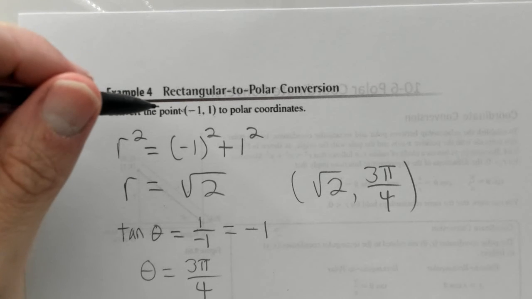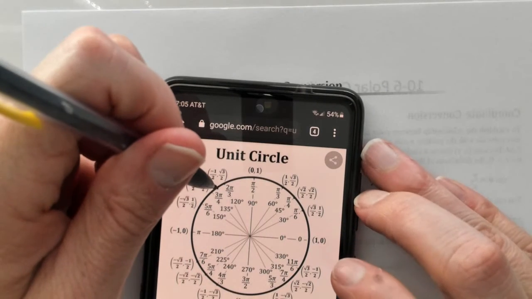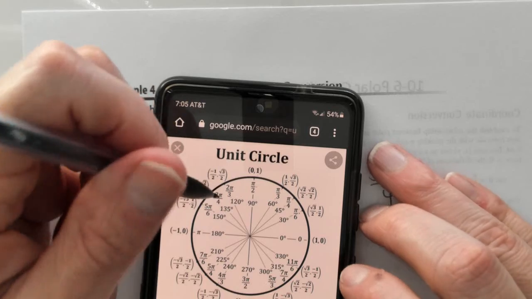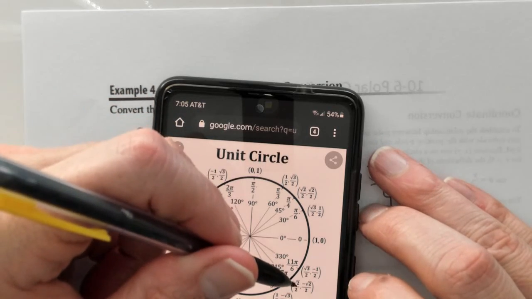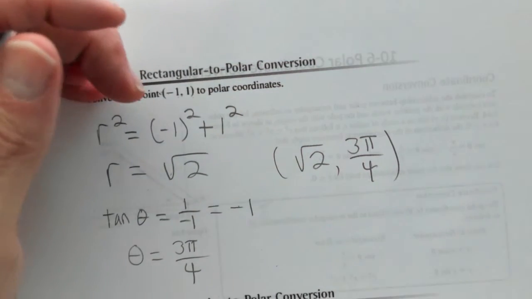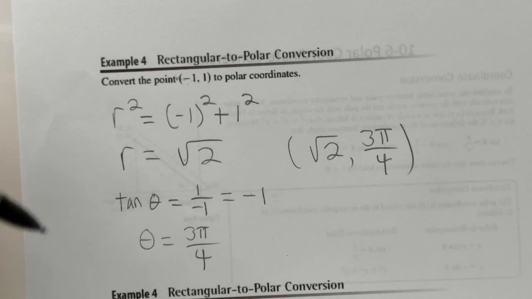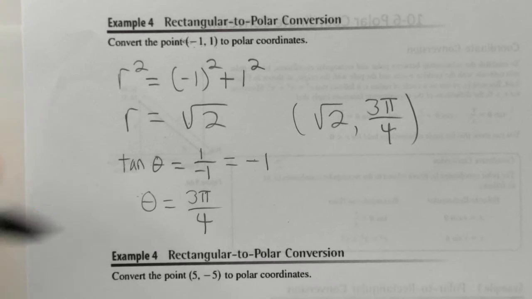In other words, you can't have a rectangular point over here in the second quadrant if your polar coordinate is over here in the fourth quadrant. They're not the same point, right? You've got to pick the one that's going to make the same point. All right, so that's how you tell which quadrant to choose your answer from when you're trying to find the angle with tangent. Okay, let's try another one.